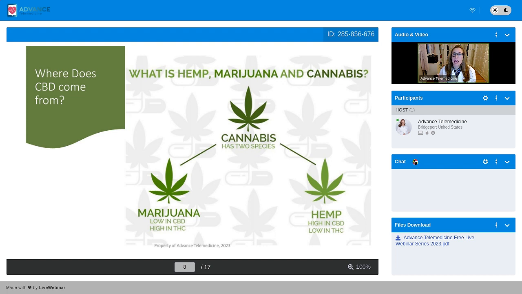Hemp has lower levels of THC, does have some in it, but it is very high in CBD. So when you see products advertised, hemp derived, hemp farmers, CBD, that is great products. Oftentimes I hear, oh, it's just hemp, it's not marijuana, it's not cannabis. Again, they're all related, just the different types of plants have different components to it.